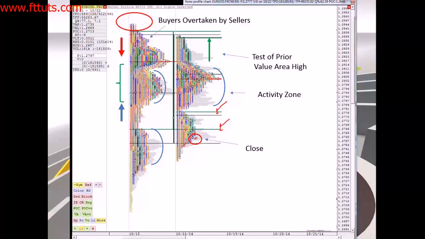That does not mean that we will continue to drop lower, but it does mean that we're probably going to drop for a retest at least of the low of this session, because this is the area that's closer, and we have to monitor and see what happens here. And then if in fact we continue lower, we need to find out if this buyer that was down here is still committed and willing to step in and buy.